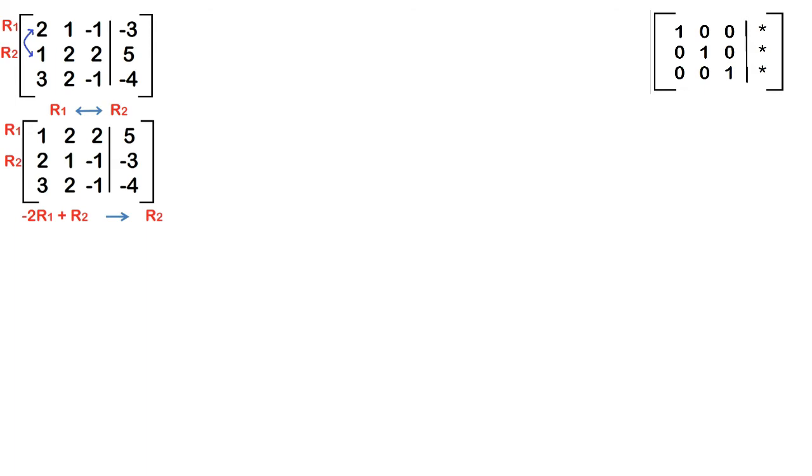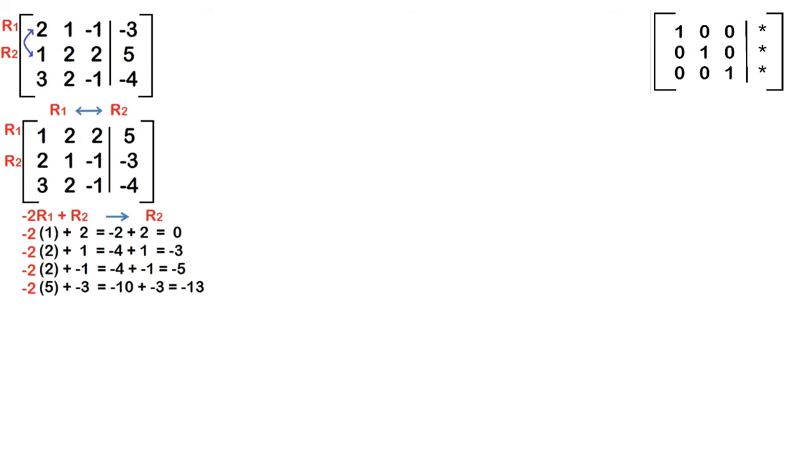The statement is -2 times row 1 plus row 2 to replace row 2. -2 times the numbers in row 1, 1, 2, 2, 5, plus the numbers in row 2, 2, 1, -1, -3 is equal to -2 plus 2 is equal to 0. -4 plus 1 equals -3. -4 plus -1 is equal to -5. -10 plus -3 is equal to -13. Replace row 2, copy row 1 and row 3.